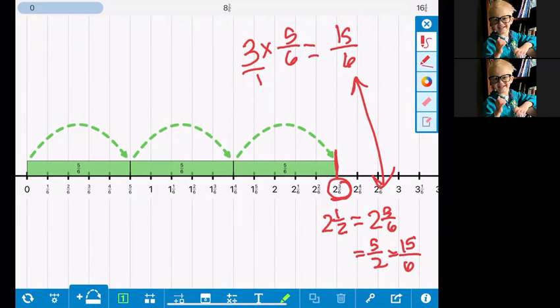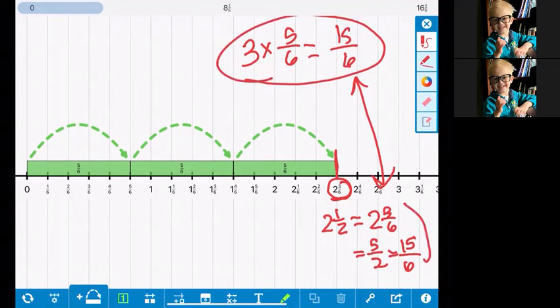So that's how we want to go about it. We want to use the representations to help show why and how these work. So we start with the representations and then we build to the procedures and say, hey, look at this, and how do you think we can just look at the numbers to get these numbers.